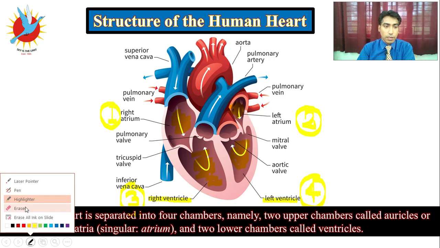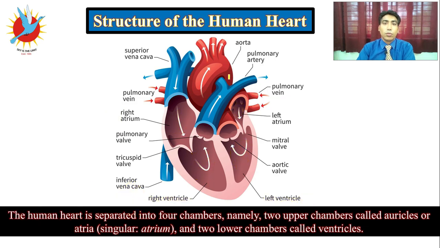Okay, let's learn about the different parts of the human heart also. As we can see, this diagram is labeled. This is the aorta, which is the longest artery. This is the pulmonary artery. These are the pulmonary veins, four in number, two on the left and two on the right.